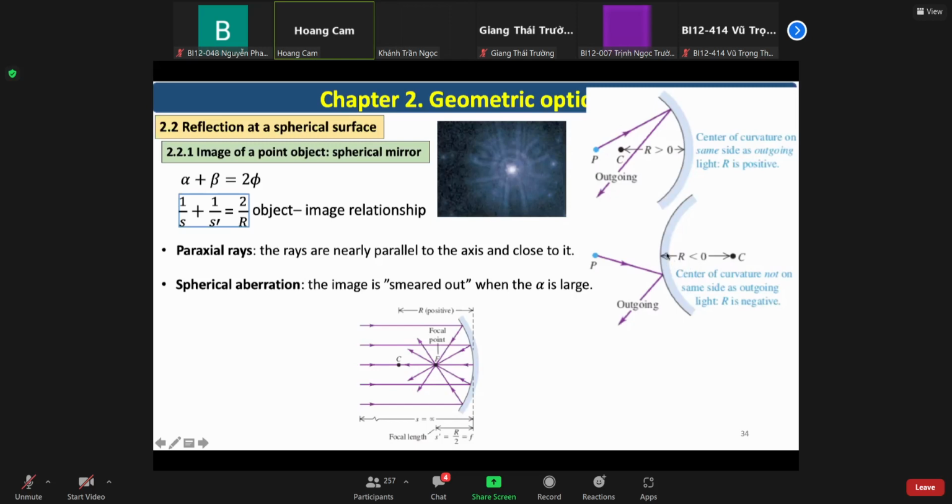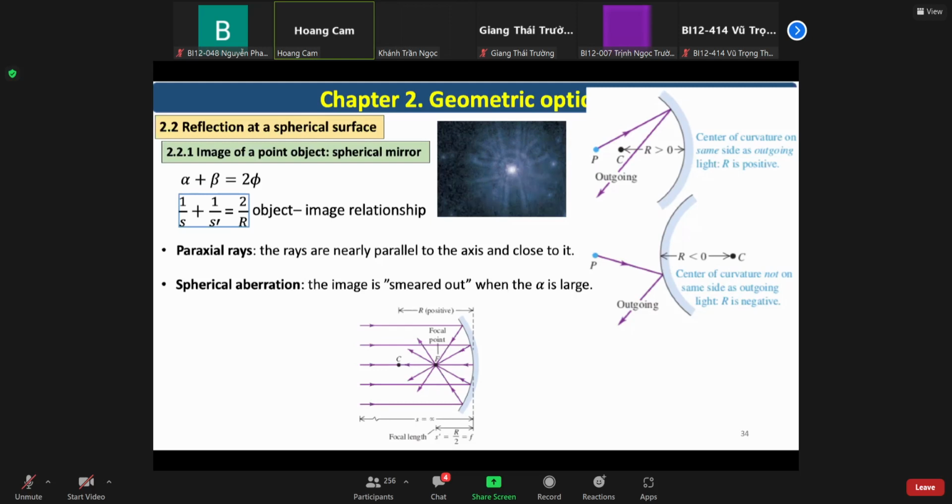Second case, the center of curvature is not on the same side of the reflecting spherical surface as the outgoing ray. The outgoing ray is on this side, and the center of curvature is on this side of the reflecting surface. So the radius is negative. Like what you learned before, the concave spherical mirror has a positive radius of curvature, and the convex spherical mirror has a negative radius of curvature.